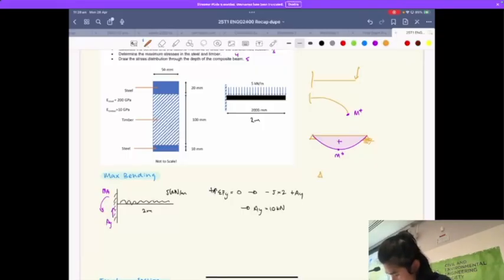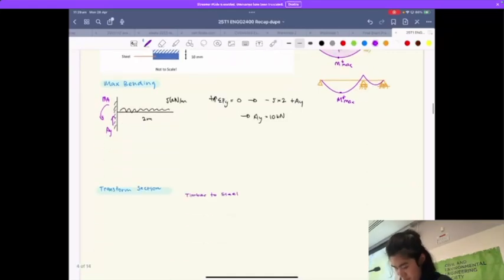If you have a situation that's a little bit more nuanced, with a weird reaction placement, then you will have to solve the shear force diagram or the bending moment equation for the beam, and then find the bending moment from there. Like for example, the bending moment for this will look something like this, and your M star will be here, if that makes sense. So this is M max, M max, M max. And for this question, we have a cantilever, so it's safe to assume that it's going to be at the very end.